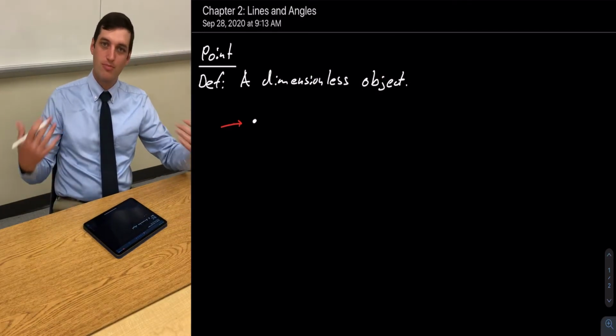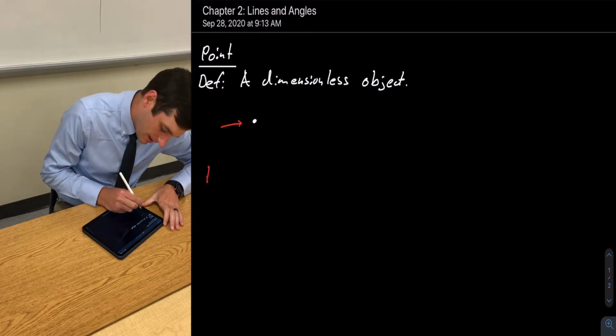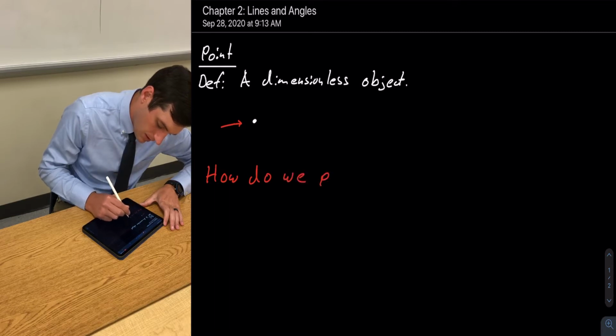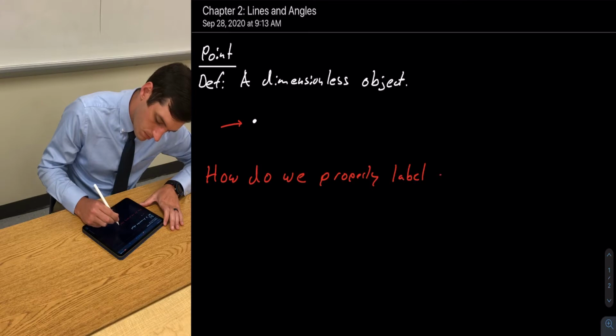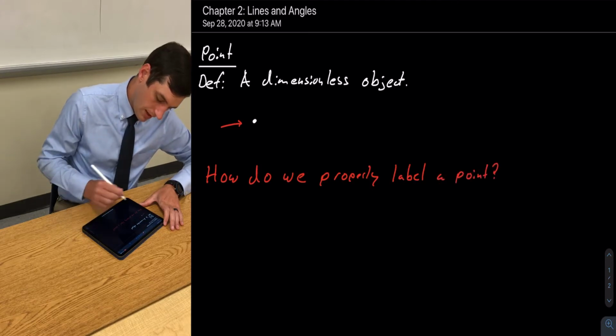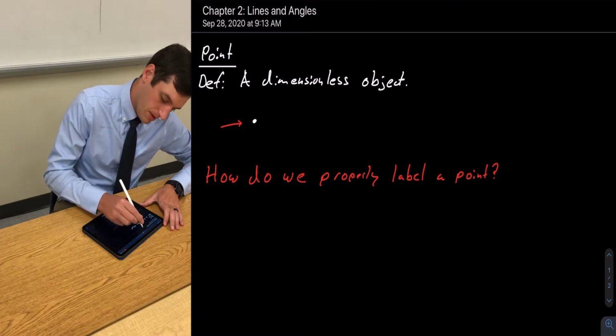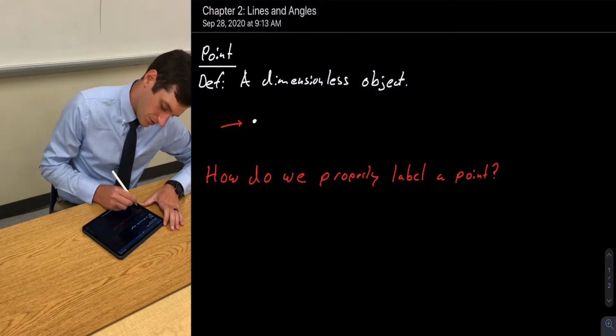Now, how do we properly label a point? And the way that we're going to properly label is like this. I'm going to draw it as an example.